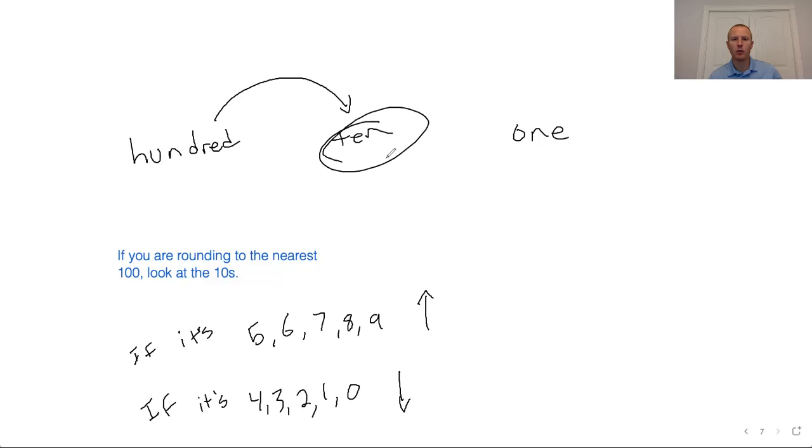Again, that tens place is the only place that matters when you are rounding to the nearest 100. The ones place is there, but it doesn't matter.